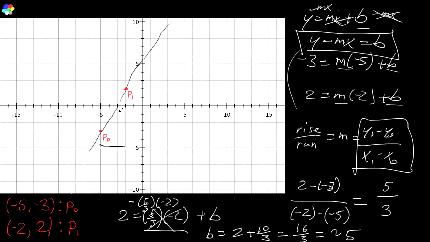But if we just loop from P0 to P1x, what if they gave us the opposite order? What if P0 was here? That would be a problem because P1 would come before it. So we would try to loop from this one to P1, and it would just immediately stop because P1x is already less than. So we have to swap it so that P0 is on the left, is basically what I'm trying to say here.